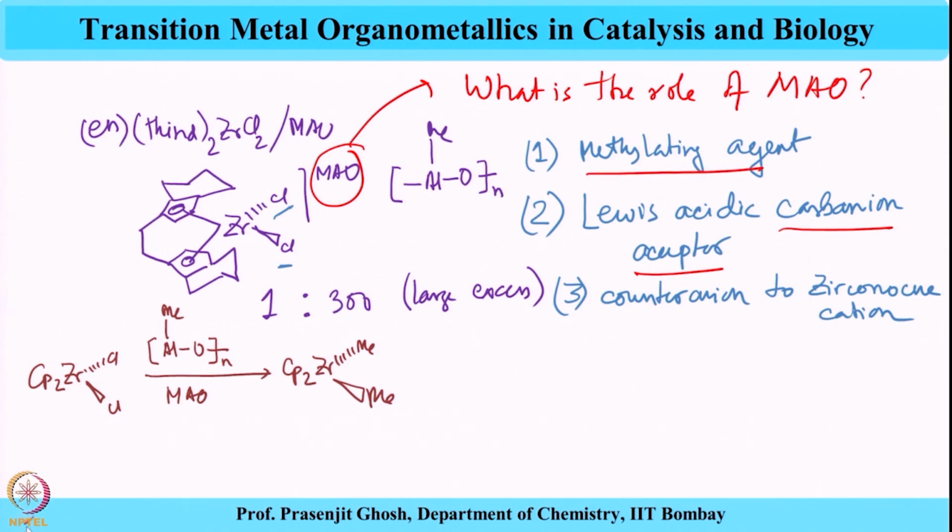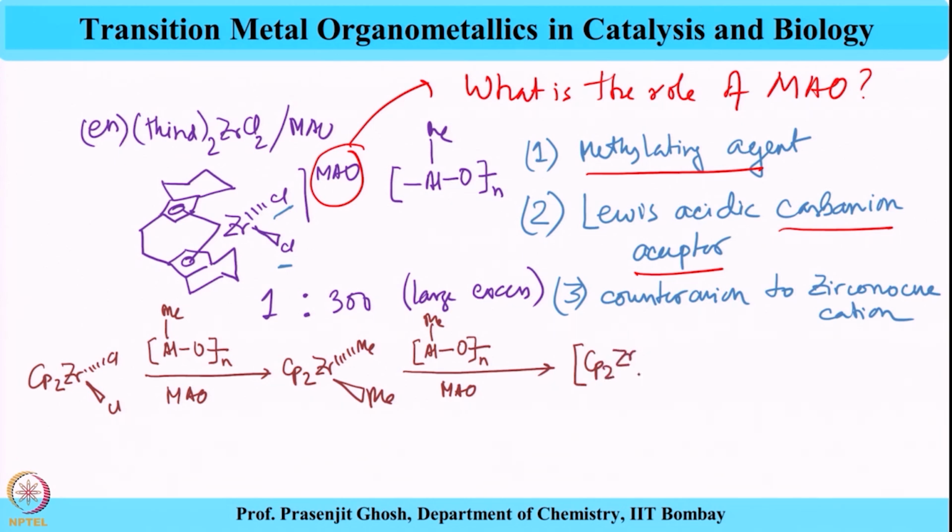Now, the second function is that it acts as a methyl abstractor. So, this can be represented as Cp2 zirconium dimethyl with MAO giving Cp2 zirconium methyl cation.